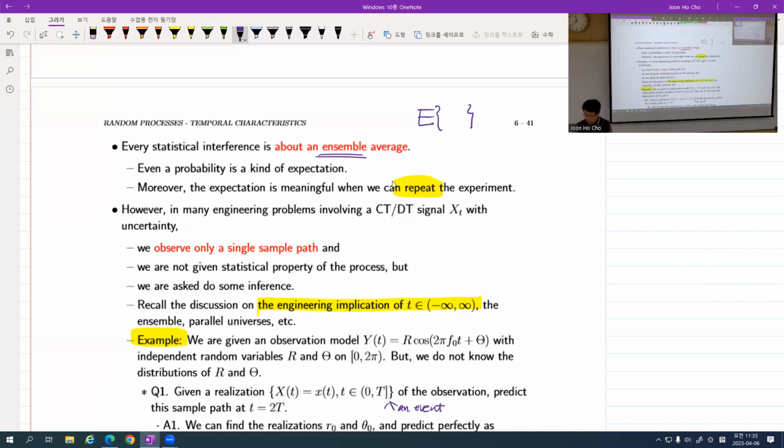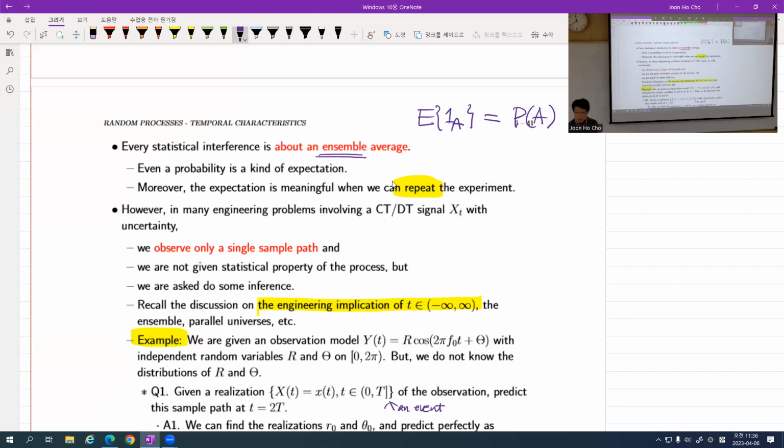That is very dangerous, because any probability of an event can be written as the expectation of the indicator function of that event. So actually, when we talk about probability, we are dealing with an ensemble average. And ensemble average means we somehow assume that this experiment can be repeated independently many times.